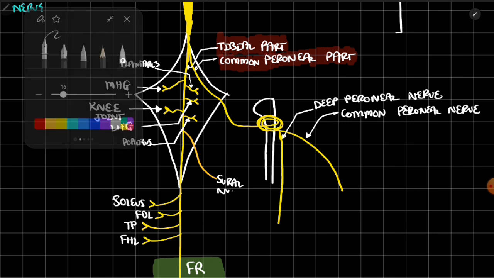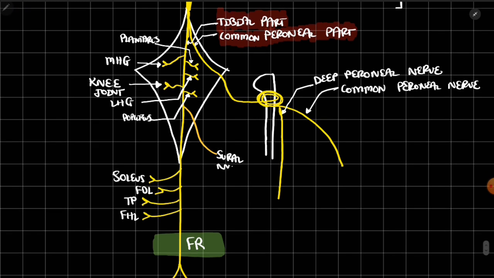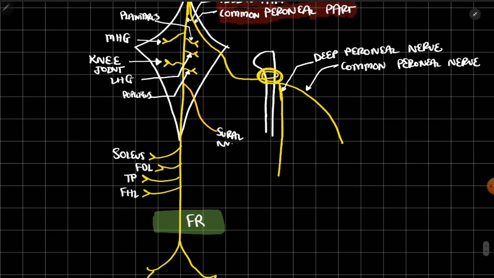The deep peroneal nerve completely supplies the anterior compartment of the leg. So what are the muscles in the anterior compartment of the leg? With the mnemonic "Tall Himalayas Are Never Dry Places" we can remember the branches: the tibialis anterior, extensor digitorum longus, extensor hallucis longus, peroneus tertius, and one extra branch to the ankle joint.